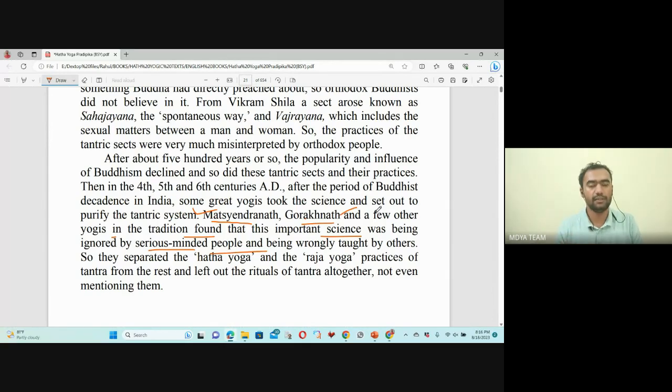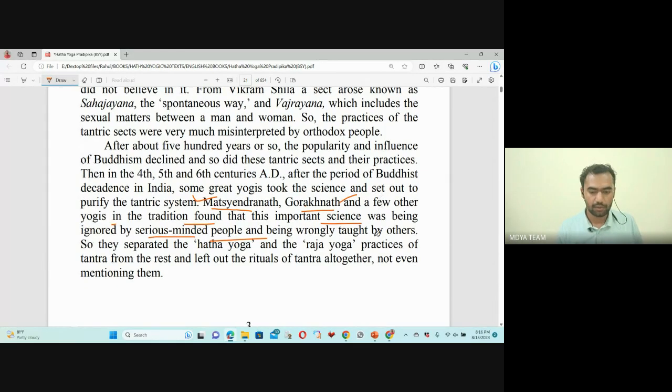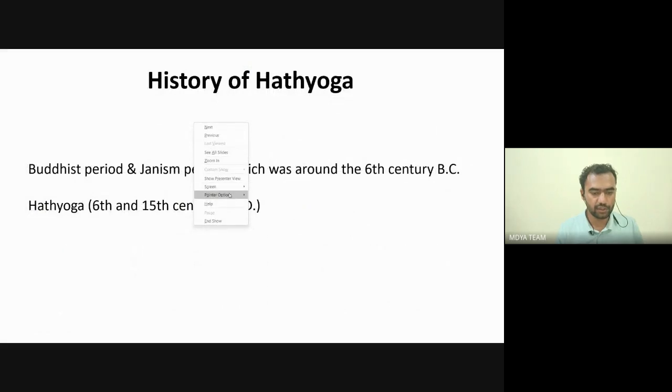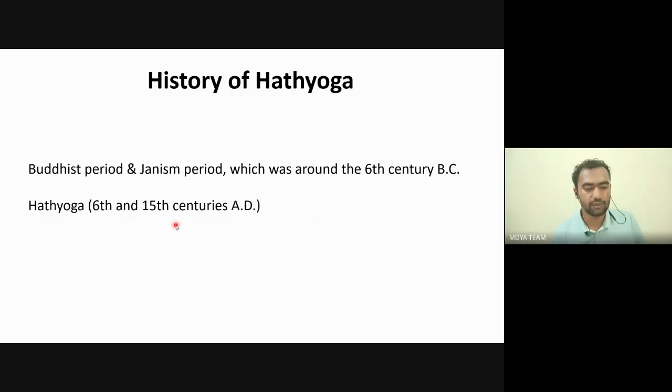Then that Vidya came to Swami Swatmarama, and he compiled all the knowledge in a very good way in the Hatha Pradipika, which we are going to study today. Generally, the 5th to 15th century is the main Hatha yogic period.